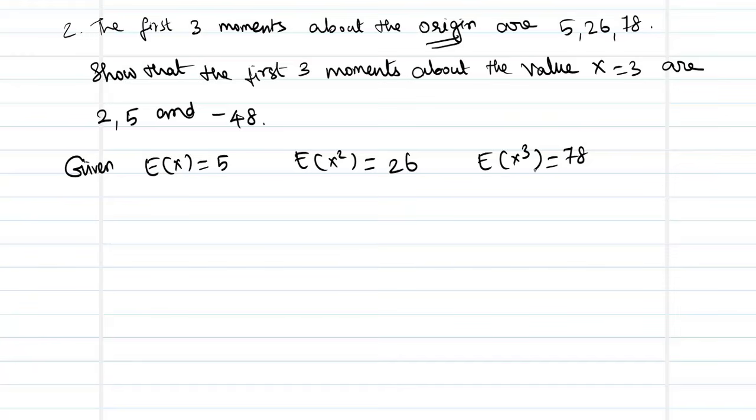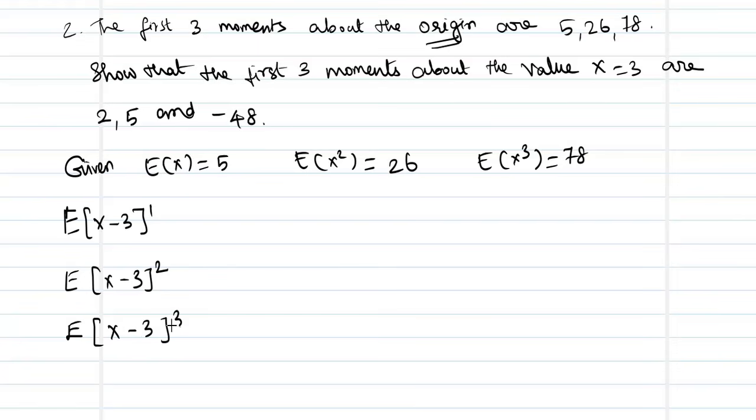We have been asked to find the first three moments about the value x equal to 3, that is mu: the expected value of x minus 3 power 1, the first moment about 3. Next we want E of x minus 3 power 2, the second moment about the point 3. The third one will be E of x minus 3 the whole to the power of 3.